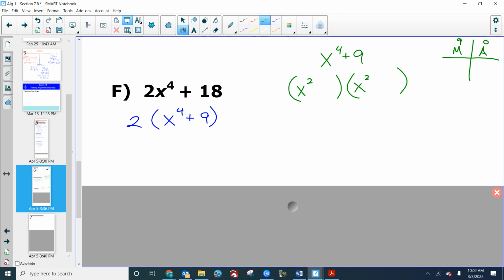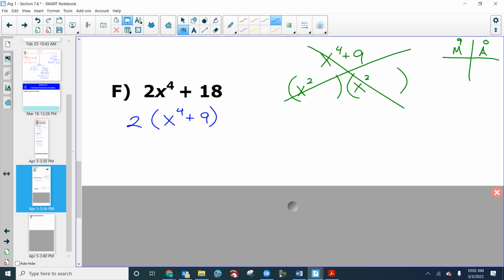Those multiply to negative 9. Negative 3, negative 3. Those multiply to 9. They add to negative 6. I can't think of any, can you? Means no. Not factorable.